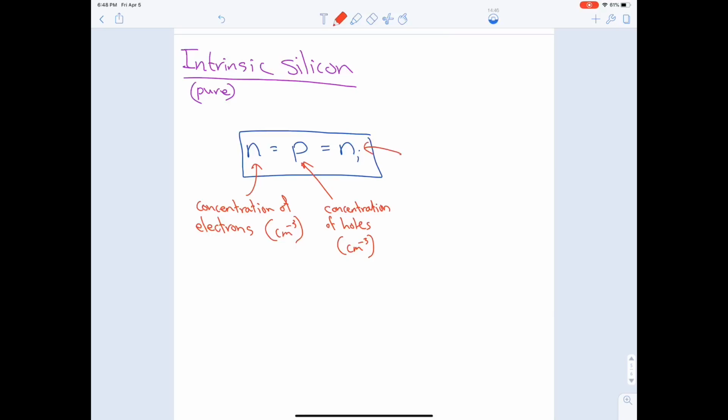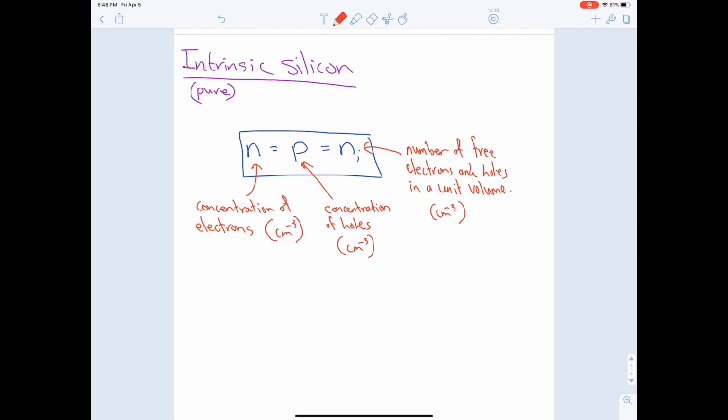Ni is the number of free electrons and holes in a unit volume. Same unit, centimeter minus 3. Okay.